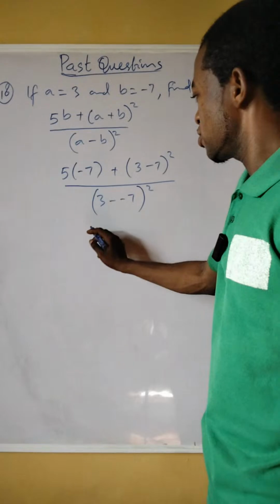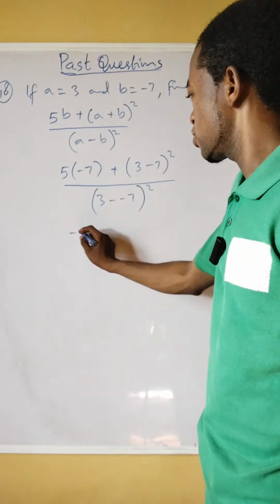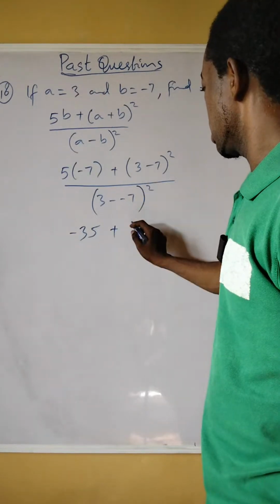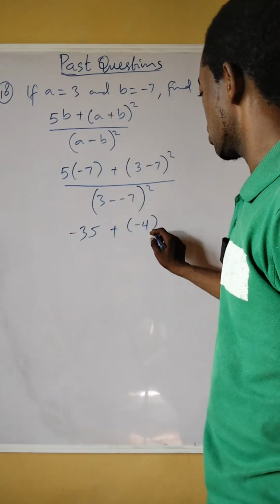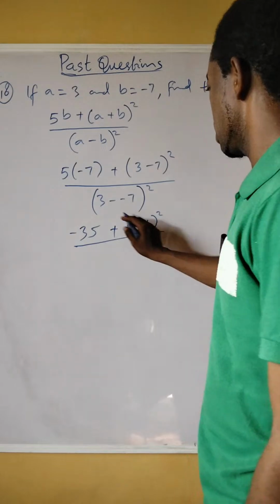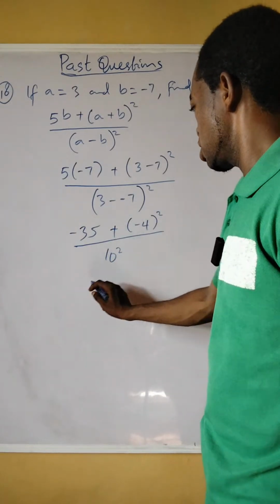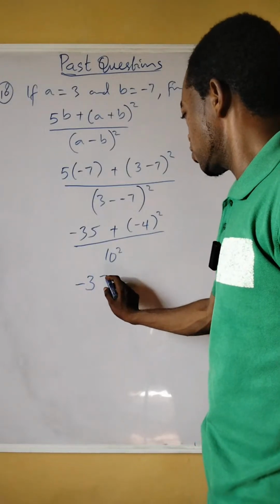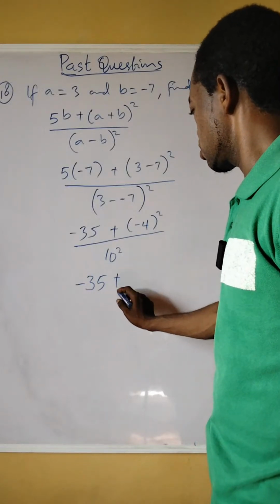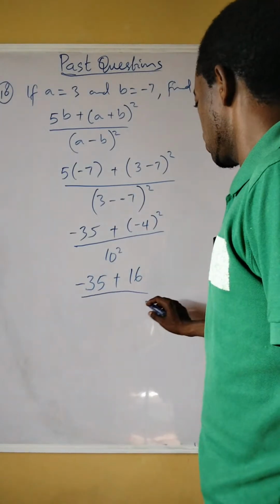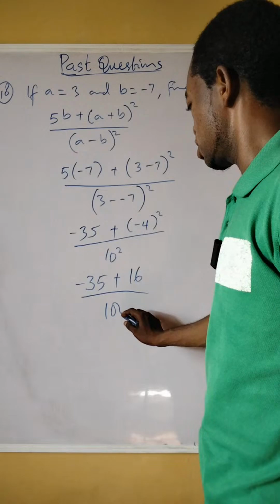Then 5 times minus 7 is minus 35. Then plus 3 minus 7, that's minus 4 squared, over 3 minus 7, that's 3 plus 7, that's 10 squared. So here we have minus 35 plus minus 4 squared, that's 16, then over 10 squared, that's 100.